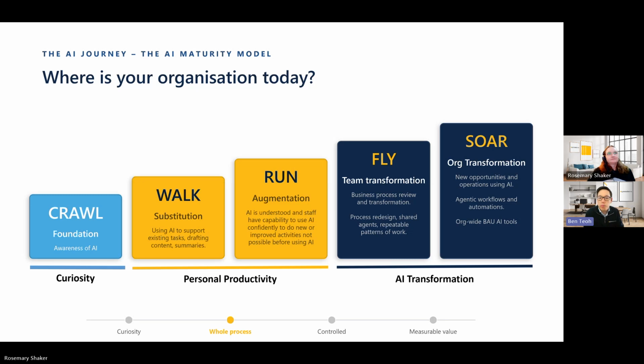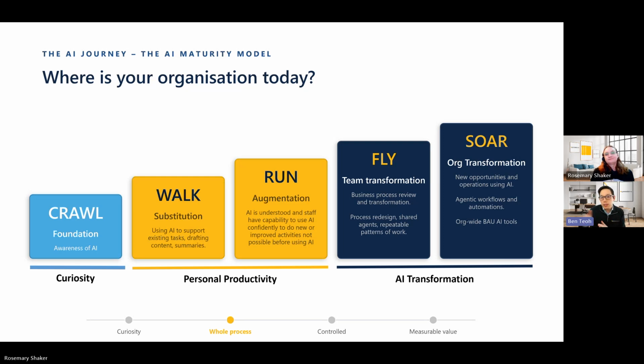The next step there is augmenting. So as an individual, can I do one more extra thing with the tool? Can I get it to maybe help me schedule some meetings as part of a process? Maybe I'm exploring the use of a personal agent that I can scope to a certain role or a certain task, but it's still about me and my productivity.